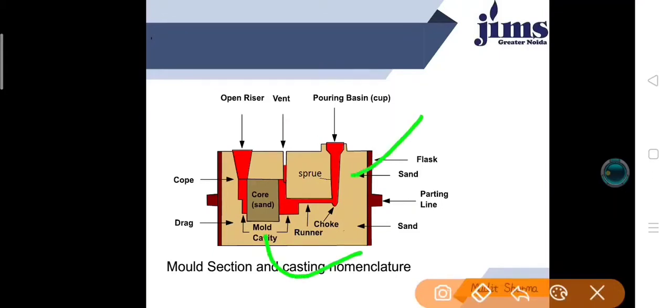Flask, mold, molding flask, and parting line I already discussed with you. What is the pouring basin? It is where molten metal is poured with the help of a ladle. A vent is a small opening in the mold which facilitates the escape of air and gases, etc.